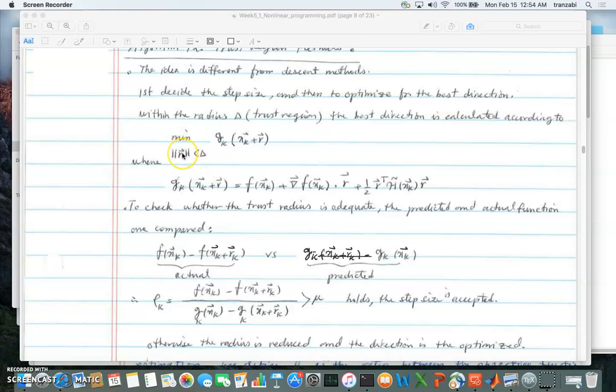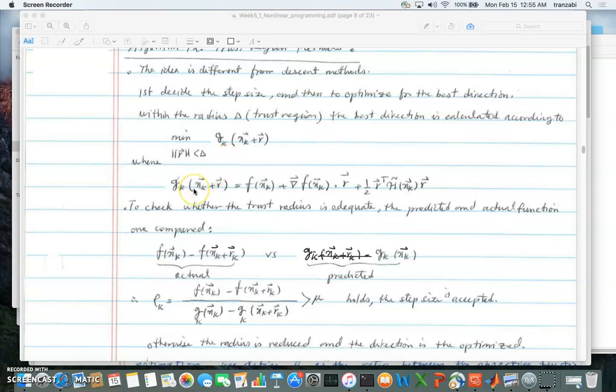So we're going to fix the length along the minimum path to be delta, and then search for the direction r. Okay? So instead of using the function directly, we're going to use a Taylor series version of the function to find the direction r.